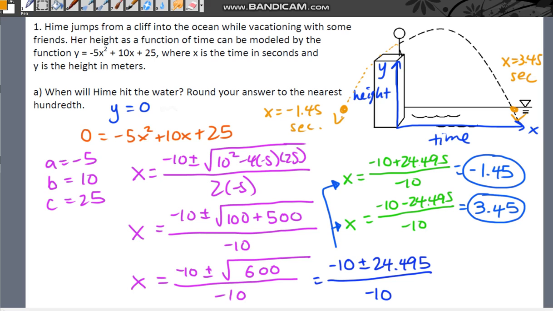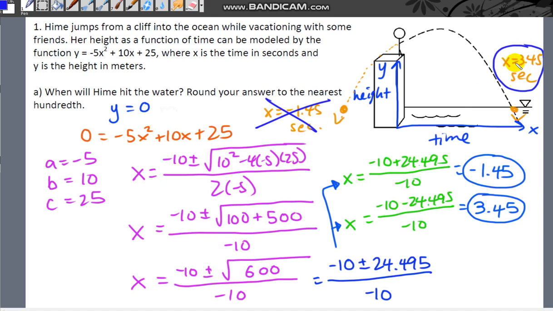So you might be thinking, well, when does she hit the water? Is she going to go backwards in time? Can we have a negative time? Or is time only positive? Time is only positive, so we can omit this solution. This means that she should hit the water in about 3.45 seconds.